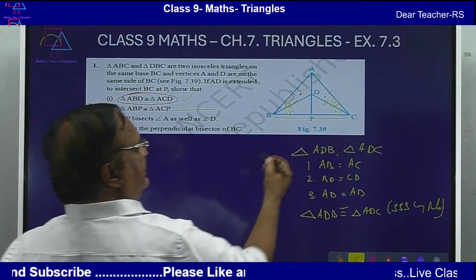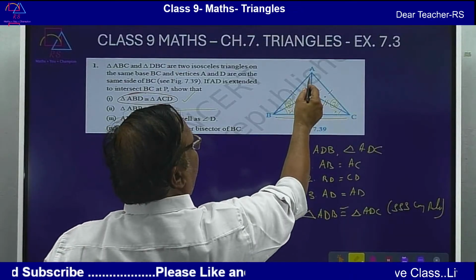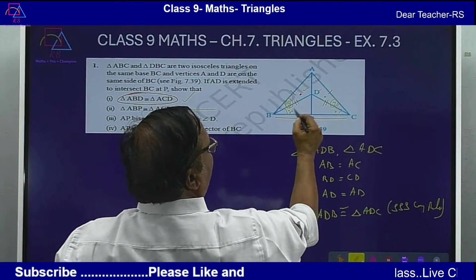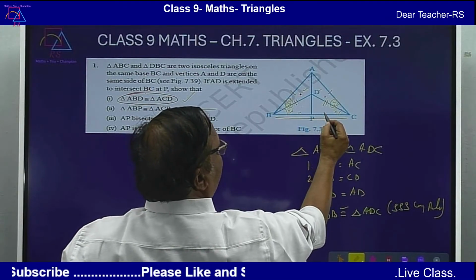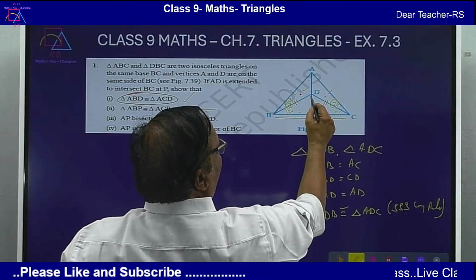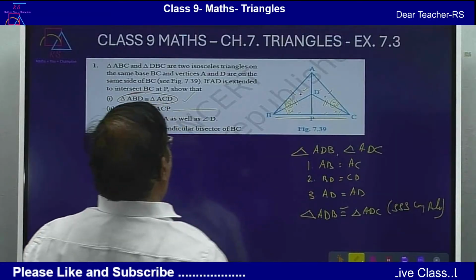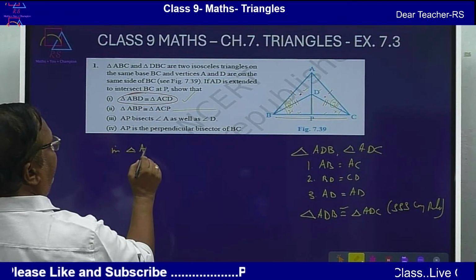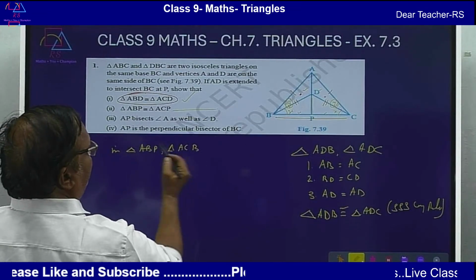So by CPCT you have to take in this, these two in this, BP is equal to CP, or you can have PD equal sides.